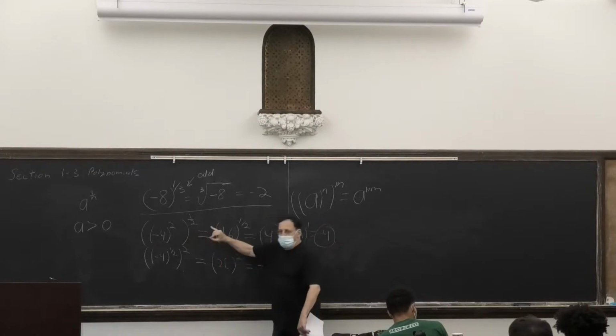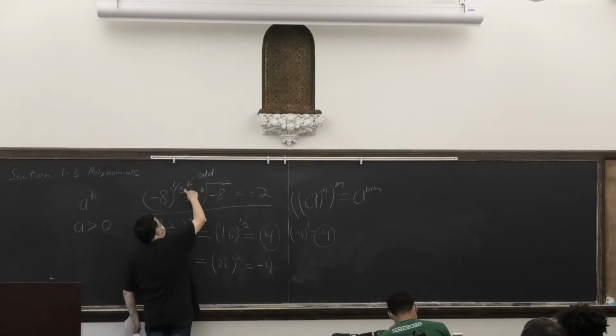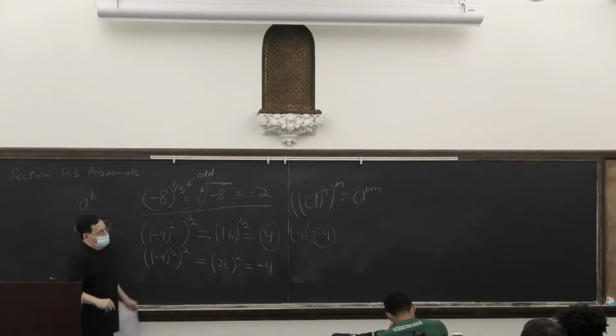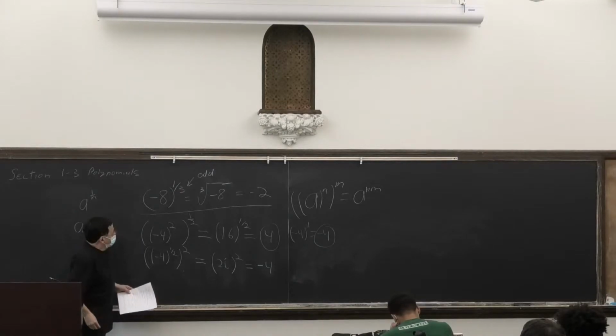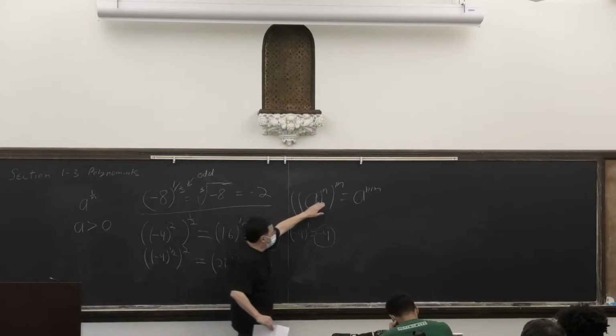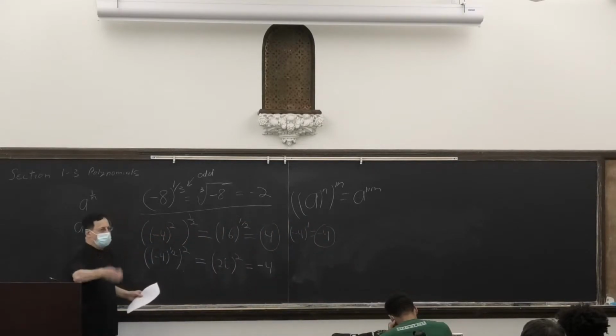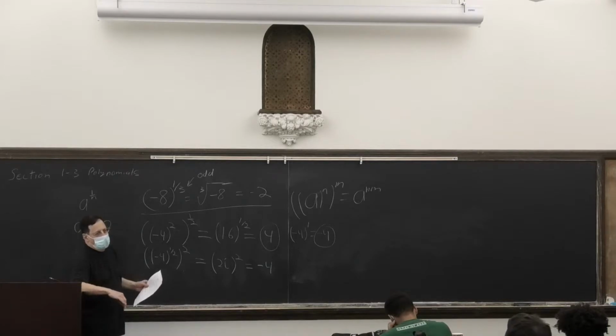So apparently this law of exponents doesn't work if the root is even and the number is negative. That's what you have to watch out for. So I guess the best advice I can give you is when you see something like this, think it through. Don't just apply this law willy-nilly. You have positive numbers, you have odd roots, 3, 5, 7, no problem. But otherwise, you have to think about it.